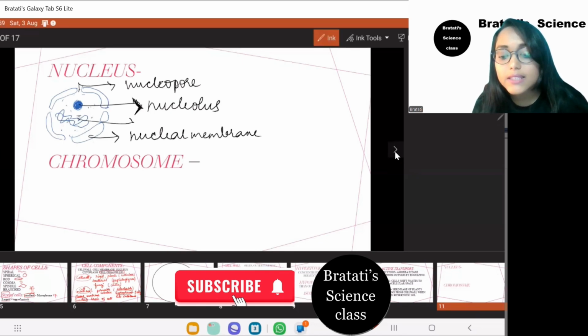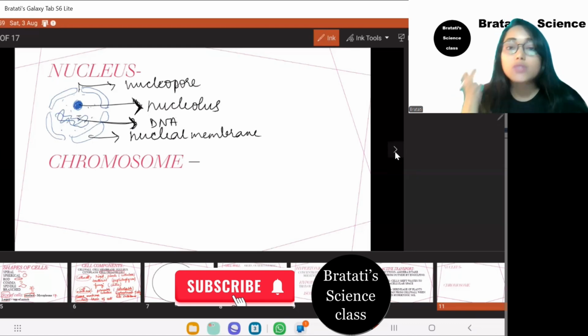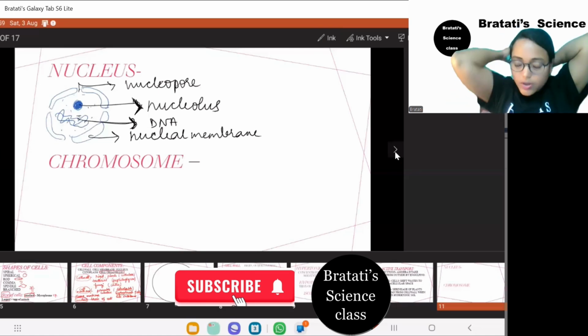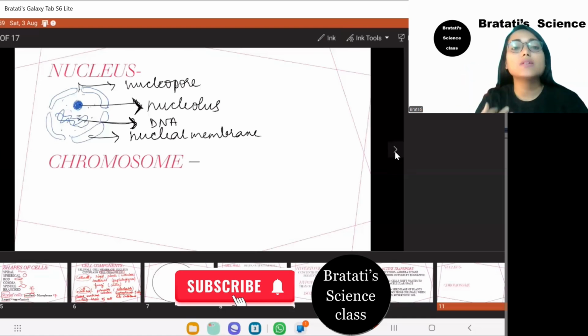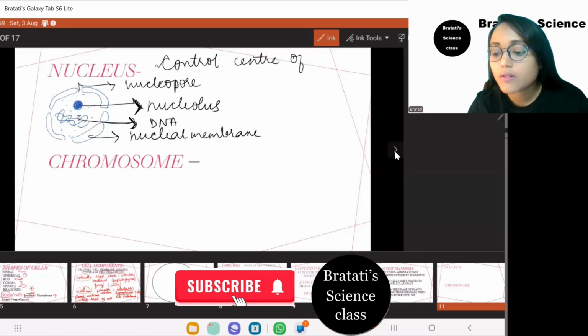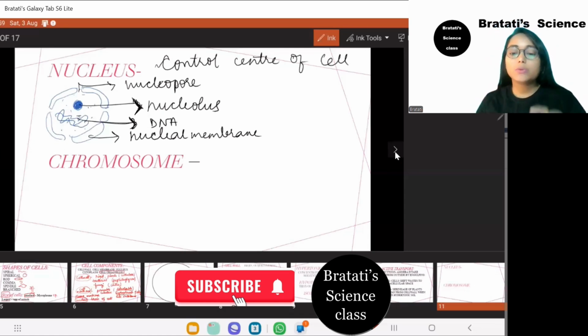Then this is the DNA, the genetic material, which decides what color our eyes will be and how we will look. That's why, due to DNA or our genetic material, we look very similar to our parents. So this is about the nucleus, which is very important, the control center of the cell. The nucleus decides what to do, and these are the parts of the nucleus.